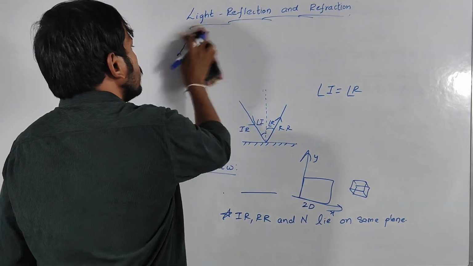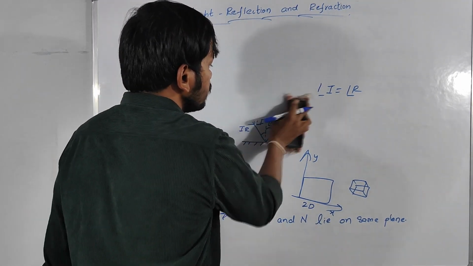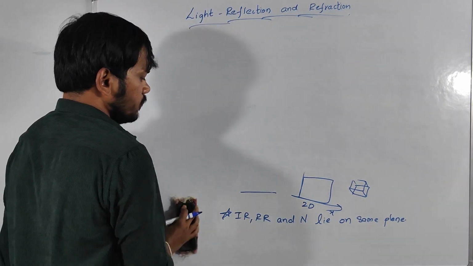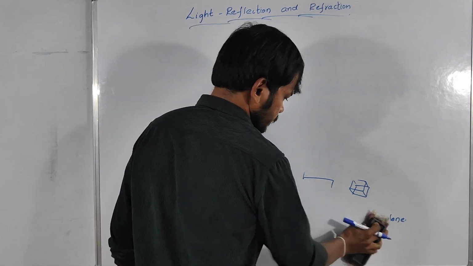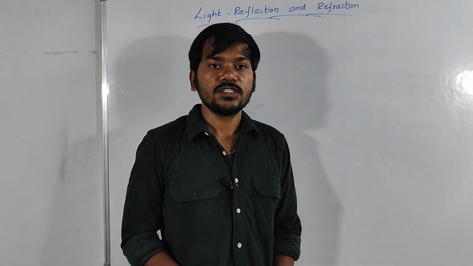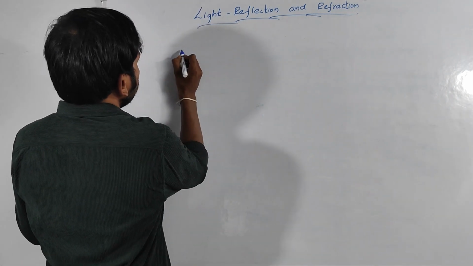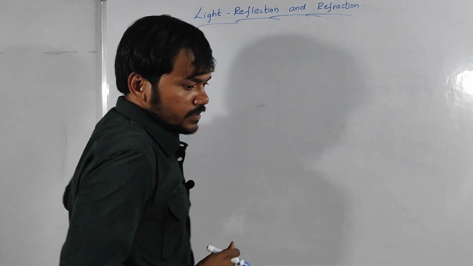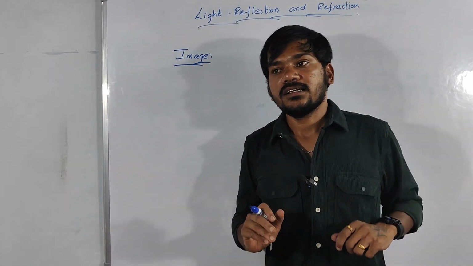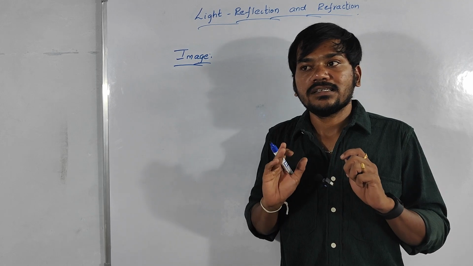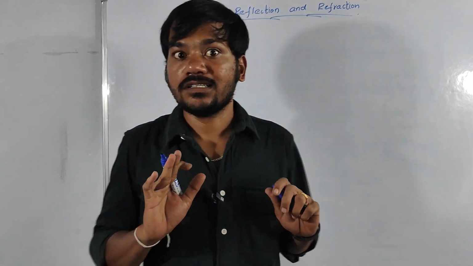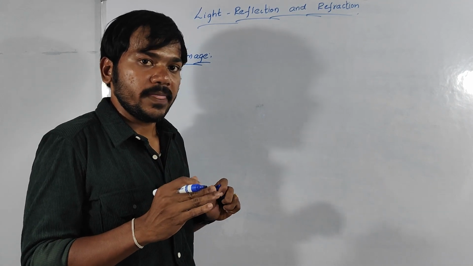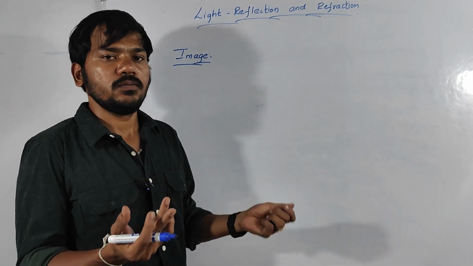Now let us see. When we discuss reflection and mirrors, we have seen that some images can be seen. What is this image actually? So children, now we are going to study what is an image. Before that, let us see how we are going to study the image of an object when the light is reflected, on a mirror or a polished surface.